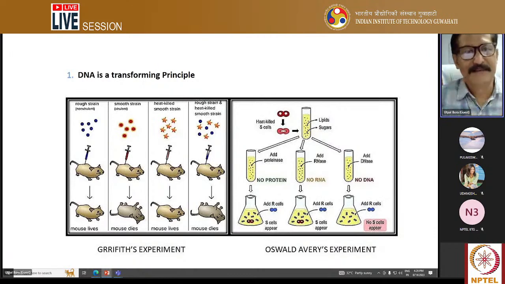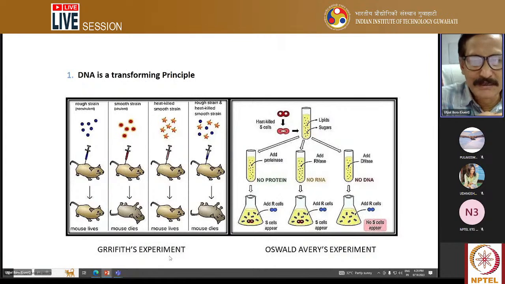So this is basically the transforming principle put forward by Griffith. Later on, Oswald and Avery, you can see in the other panel, set up some experiments to prove that this transforming principle is nothing but DNA.